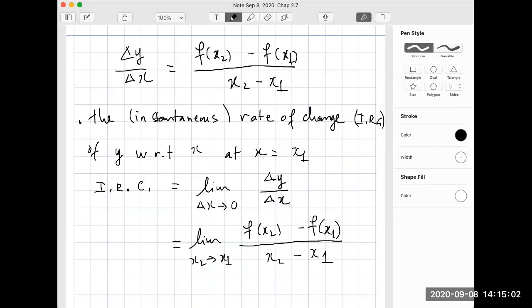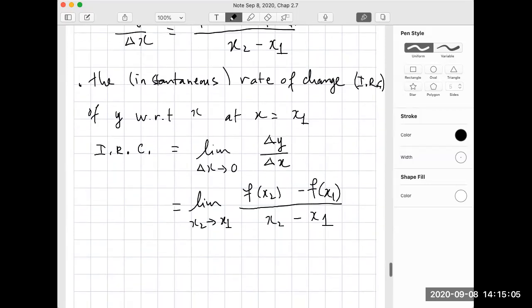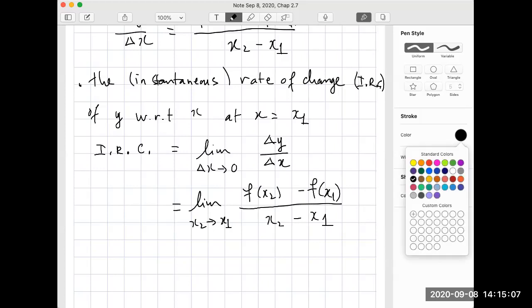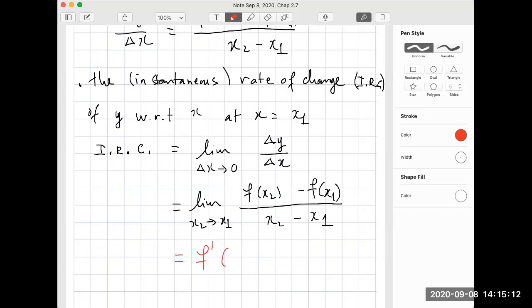Or in this case, it is also f prime at x1, right?